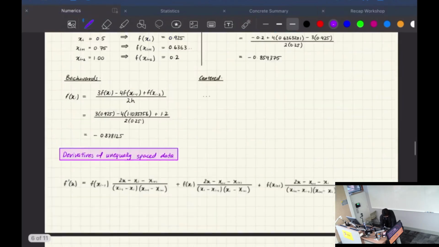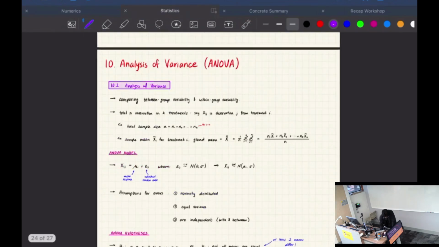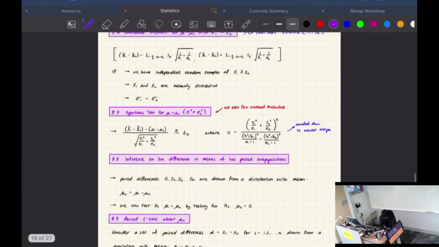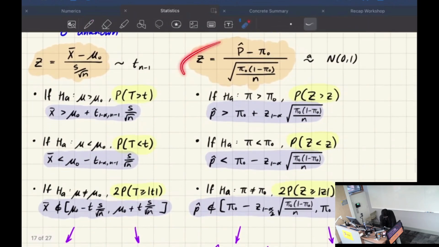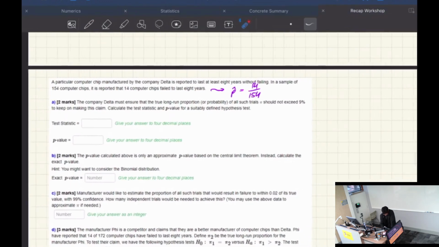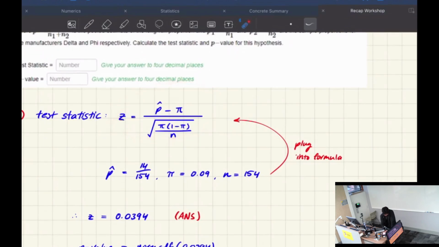So I'll quickly go back down here. Oh, wrong one. We have to use this formula over here for the test statistics for our sample, right? I can upload those notes later on, by the way, if you guys want. So test statistic is given by this. This is 14 over 154, was it?